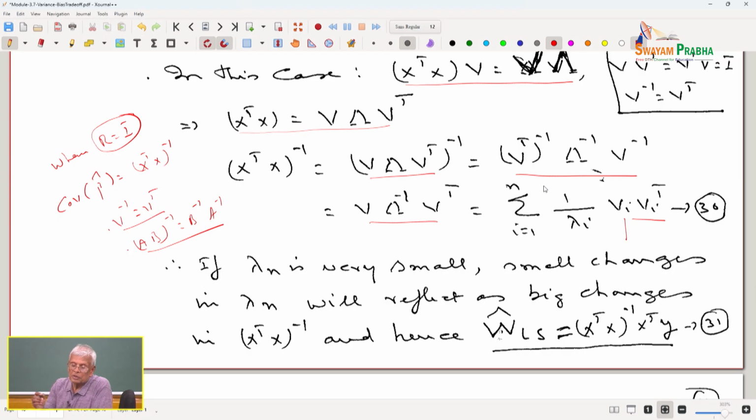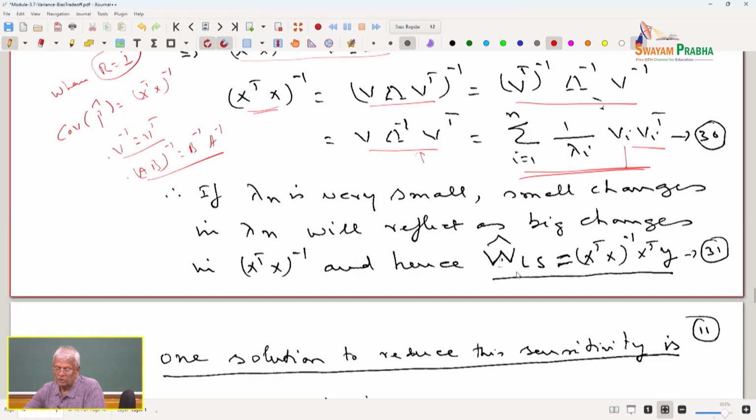Now I want you to remember, this is the eigen decomposition for X transpose X, and this is the eigen decomposition for X transpose X inverse, and this can be expressed as a weighted sum of outer product matrices. If lambda n is very small, even small changes in lambda n will reflect as big changes in the inverse. That means the estimate is very sensitive.